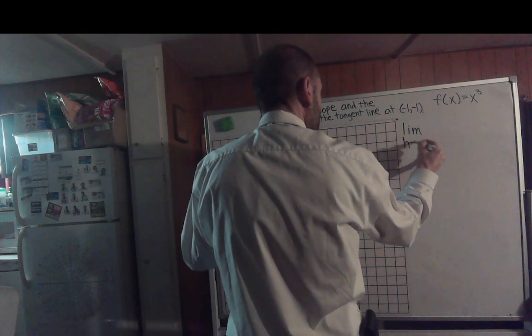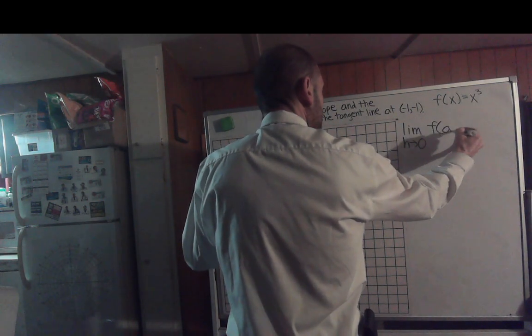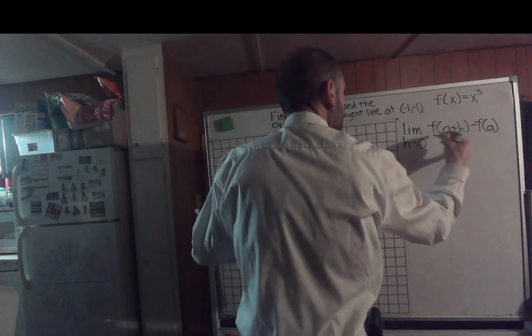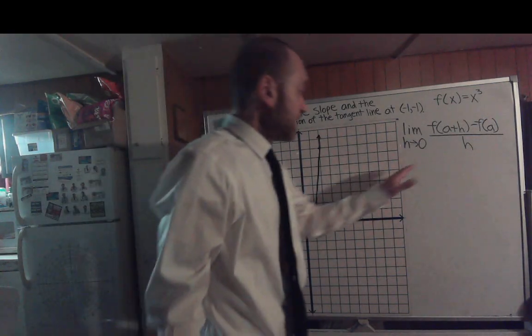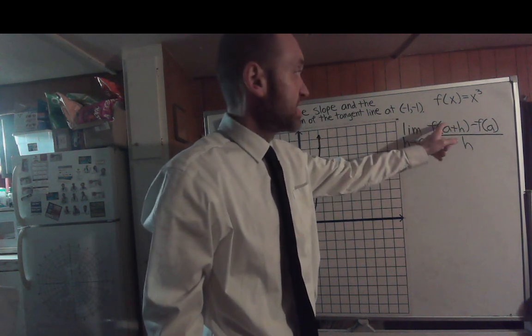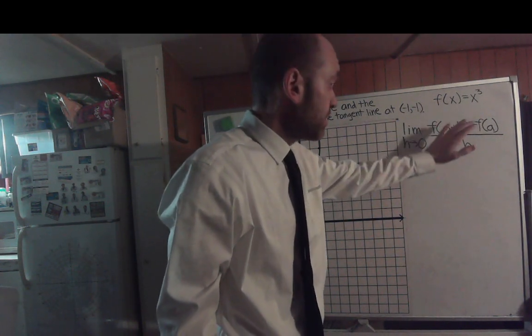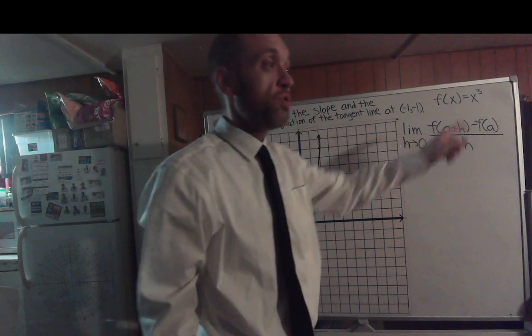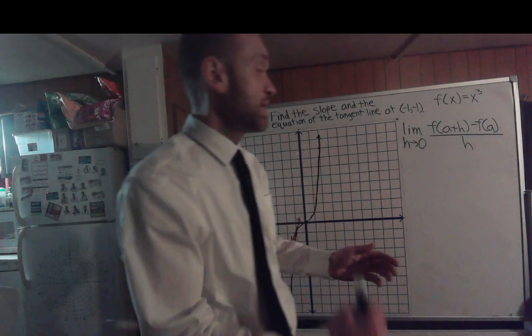as h approaches 0 of f of a plus h minus f of a, divided by h. So basically that h, whatever x value you're given, whether it's -1, which we have here, or some other value of x, that h units means it's so infinitely close to it, you're pretty much at that point.